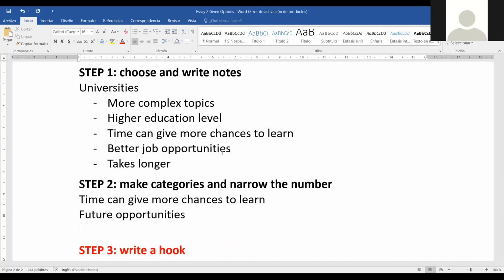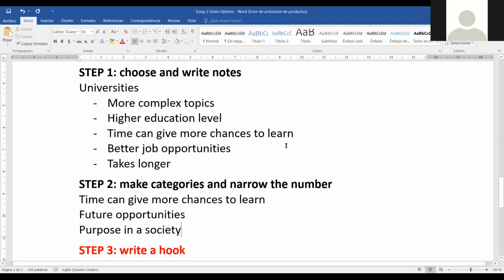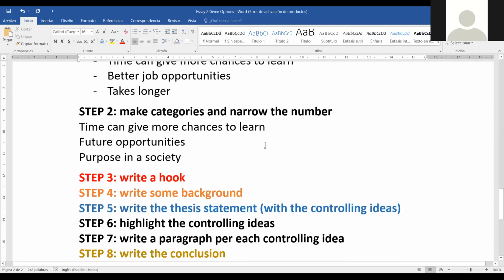So future opportunities and purpose in society. Well, we didn't think about that. When I was doing this example, I decided to develop these three topics. So that means that I will end with five paragraphs.